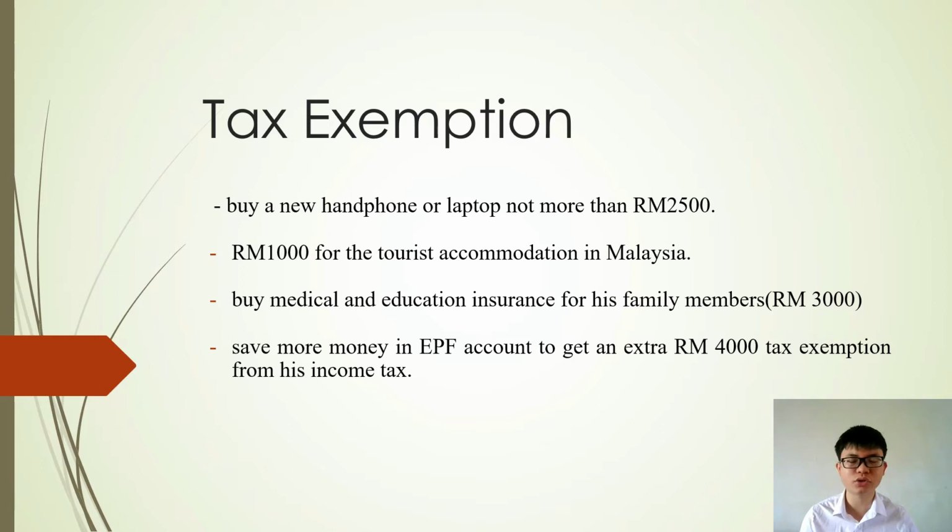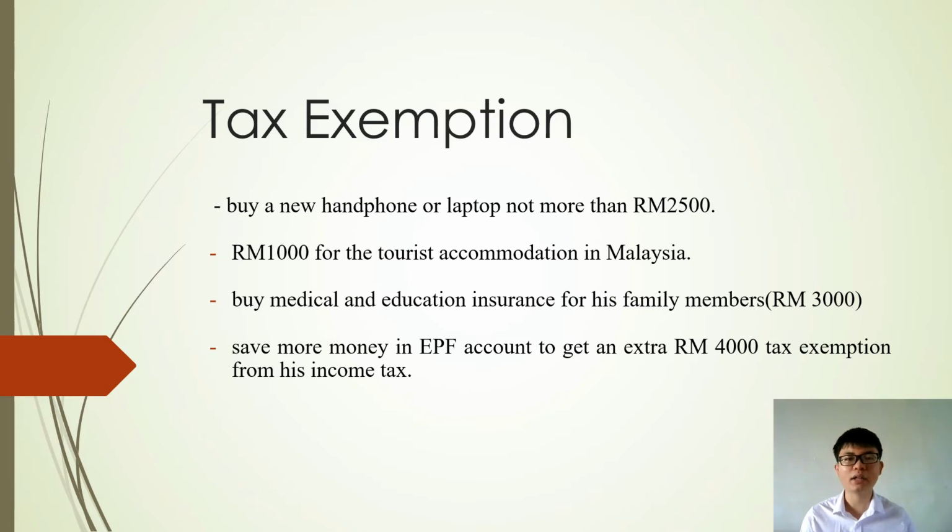Today, I would like to share with you about how Mr. Chow can reduce his income tax payment by using tax exemption. As we know, the Malaysian government has already set a few tax exemptions to encourage us to do something or buy something. Therefore, we can take this advantage to reduce our income tax payment.